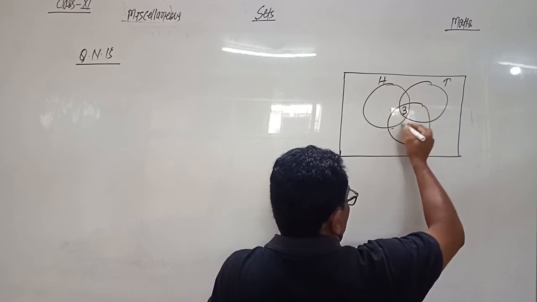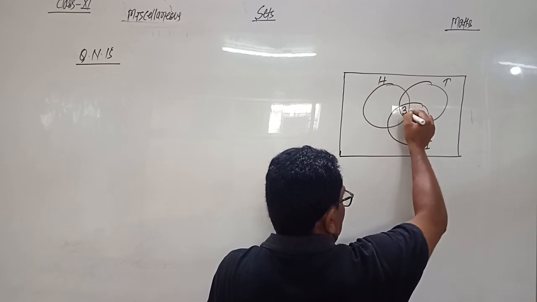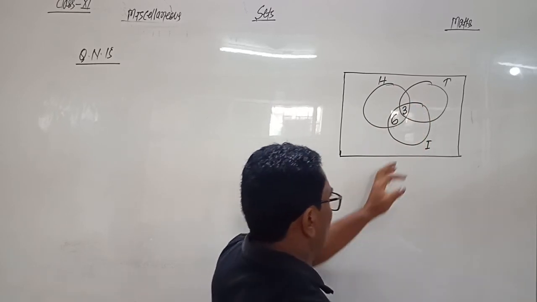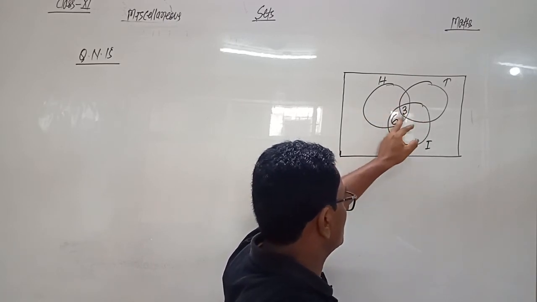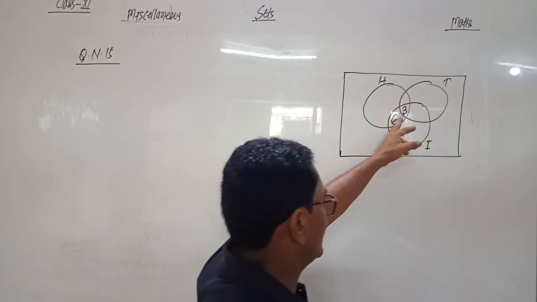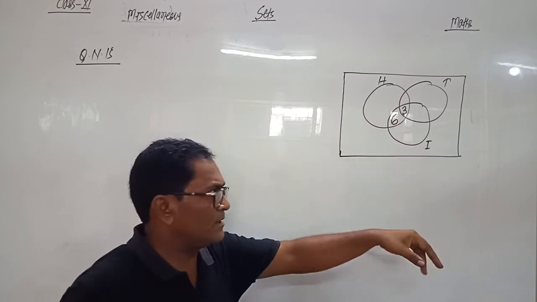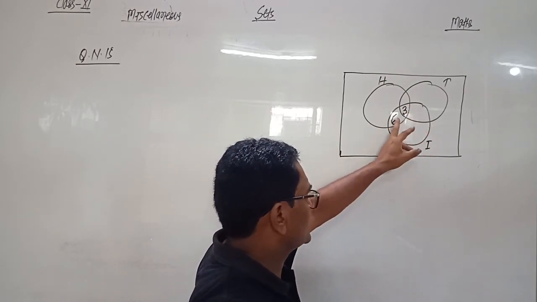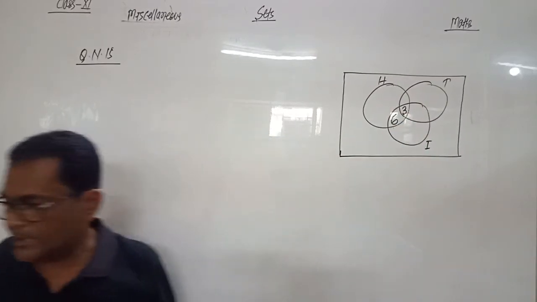And 9 people read both newspapers H and I, and this part has been filled by 3, so this will be 6. The number of people who read both newspapers H and I becomes 9: the common region in H and I is this, and 6 plus 3 becomes 9. And 3 people read all 3 newspapers, and 9 people read both H and I.